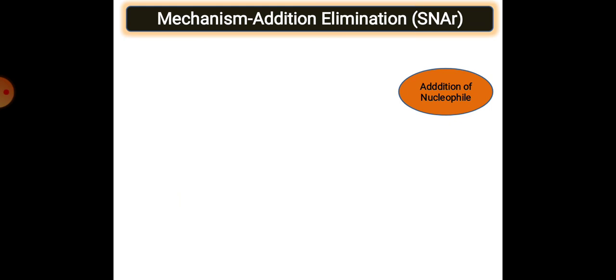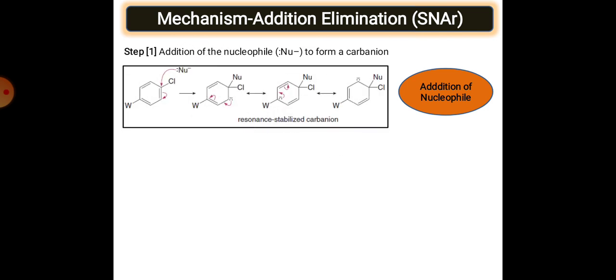This mechanism proceeds in two steps. One is addition of the nucleophile. The first step is addition of the nucleophile to form a carbanion, as said earlier, because electron density is increased. Now this is the mechanism here. W is considered as our NO2 and Cl is the leaving group. The nucleophile is first added, forming the negative charge, that is a carbanion, which is stabilized by W. That's why the withdrawing group should be there.